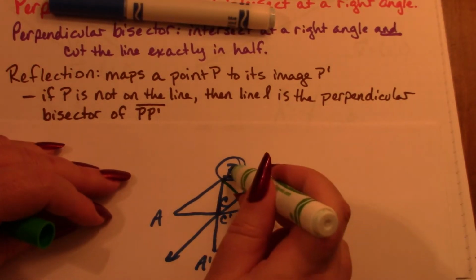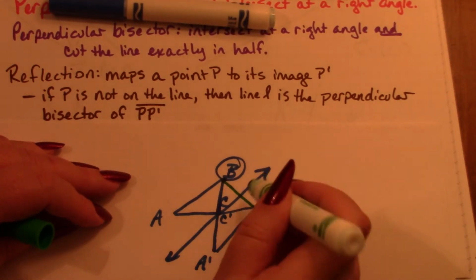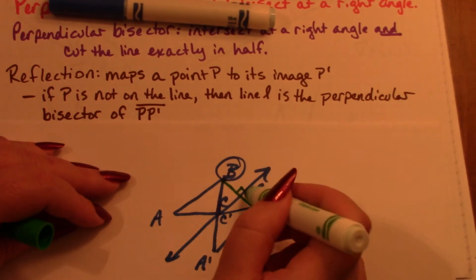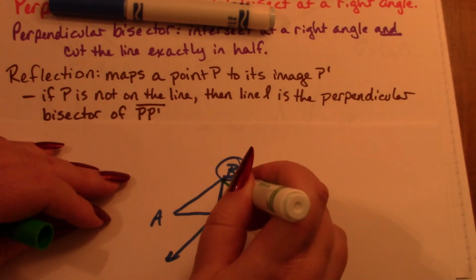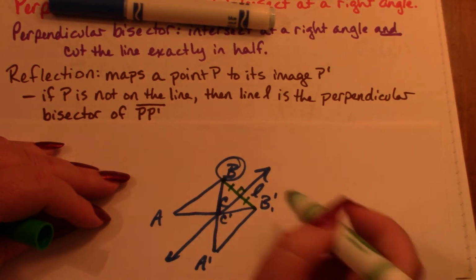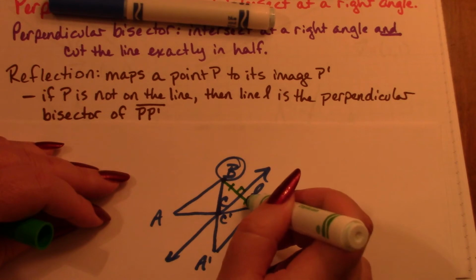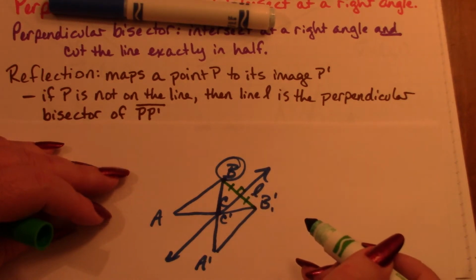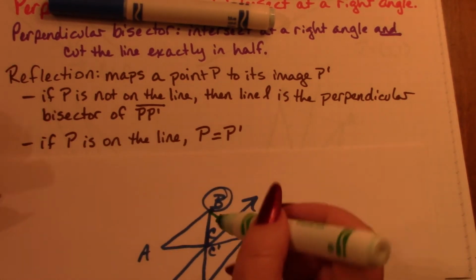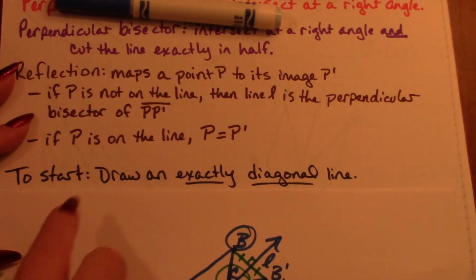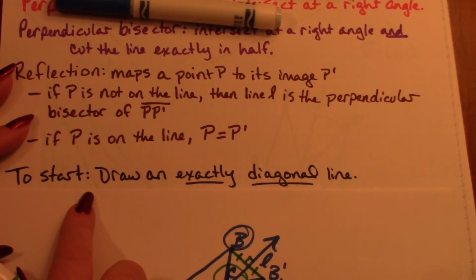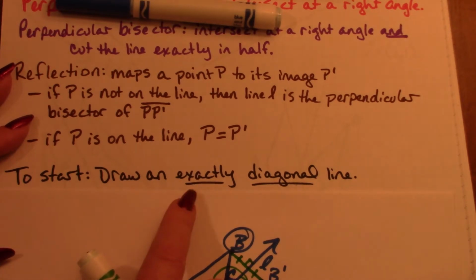If we connect point B to point B prime, this not only is a perpendicular line with line L, it's also a bisector, which means this is the same length as this side. If P is on the line, then it's the same point. P equals P prime.